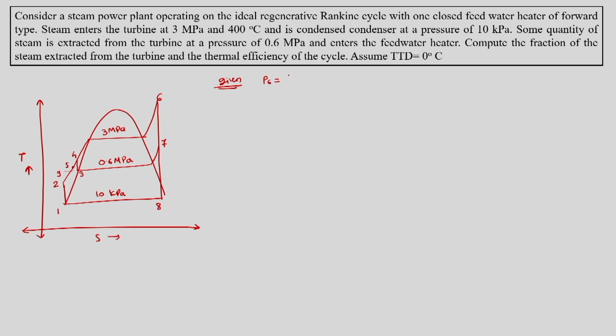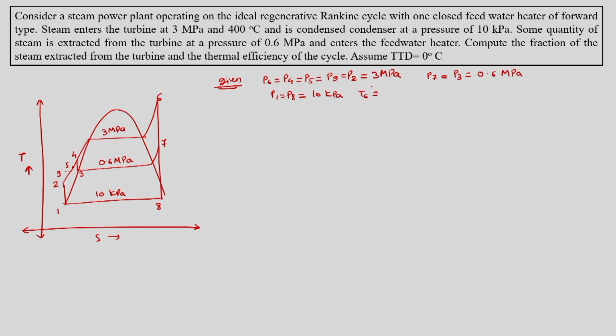So, P6 is equal to P4 is equal to P5 is equal to P9 is equal to P2 is equal to 3 megapascal, and we have P7 is equal to P3 is equal to 0.6 megapascal, and P1 is equal to P8 is equal to 10 kPa.